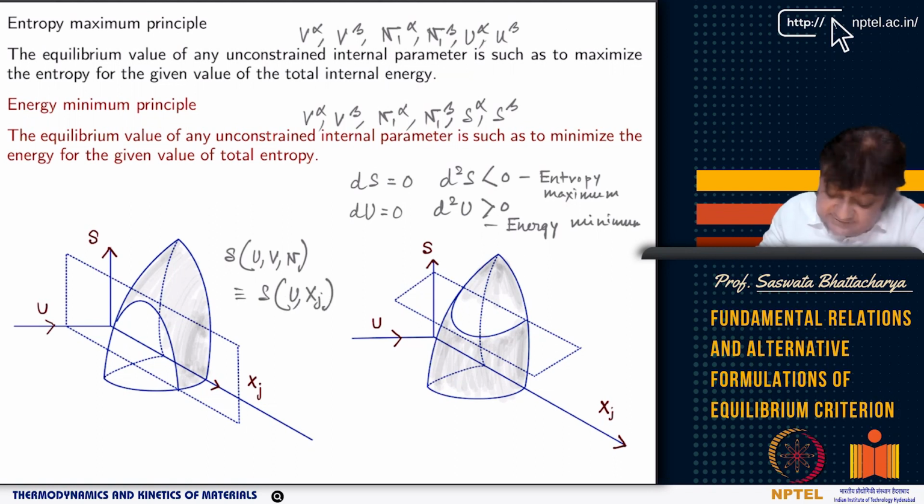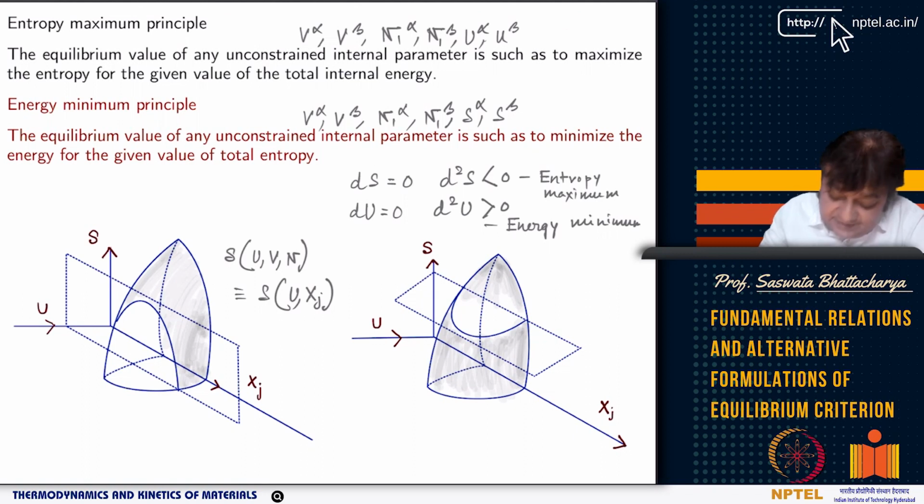Now see this plane that I have drawn here. This is the U axis, this is the S axis, and this is the Xj axis. It's a multi-dimensional surface, but we are saying this axis contains all the Xj.